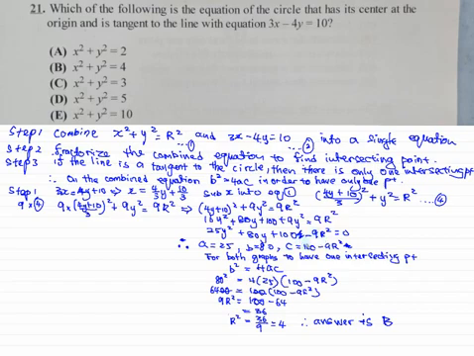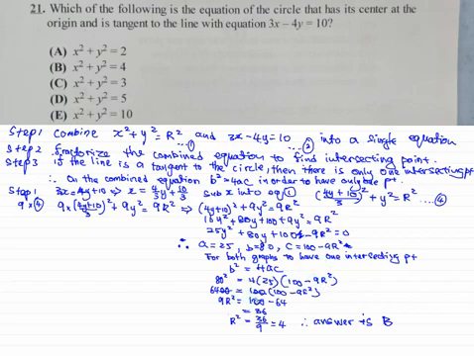If there is only one intersecting point, then b squared must equal 4ac. Here b is 80, a is 25, and c is these two constant terms. So b squared minus 4ac: 80 squared minus 4 times 25 times (100 minus 9r squared).